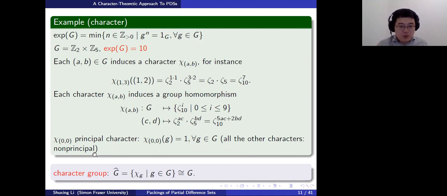Non-principal characters would tell us more about a subset in the group G. As a side remark, if we collect all the characters defined on the group G, we would form another group called the character group, denoted by G hat. And this G hat is isomorphic to the group G.